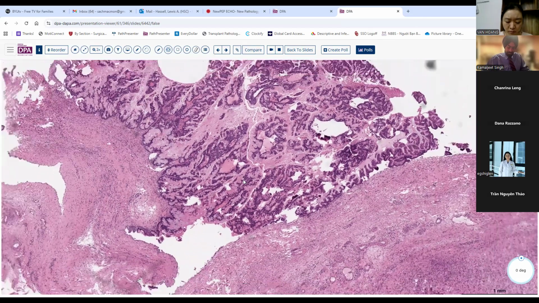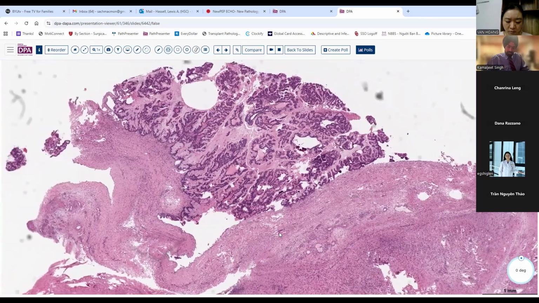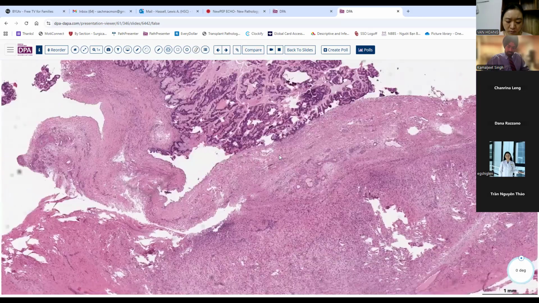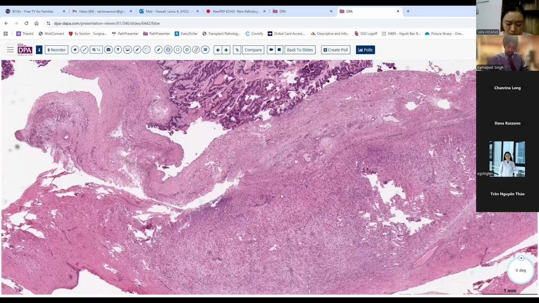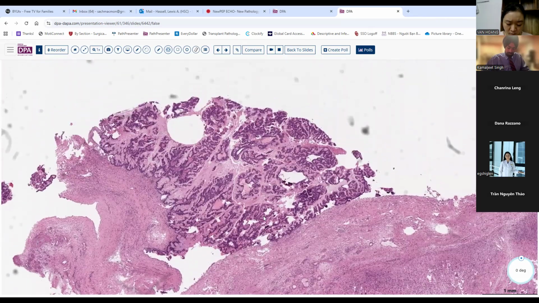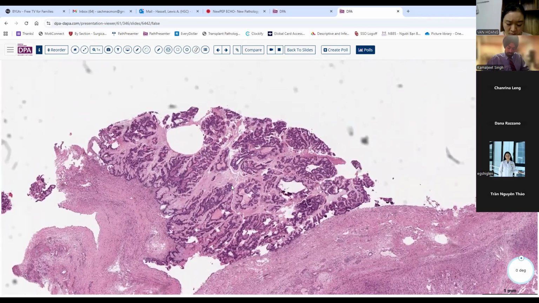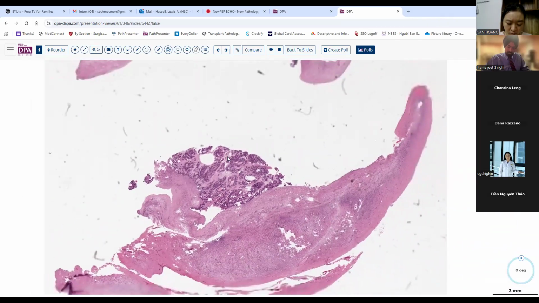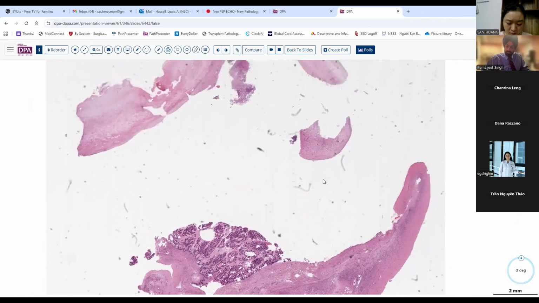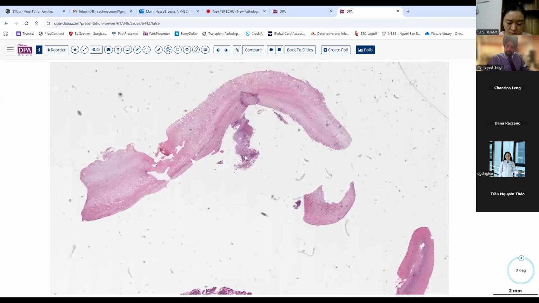And it's also important to recognize that sometimes mucinous cysts can be associated with sex cord stromal tumors and other tumors. So evaluating all of these areas is important in getting the full picture.